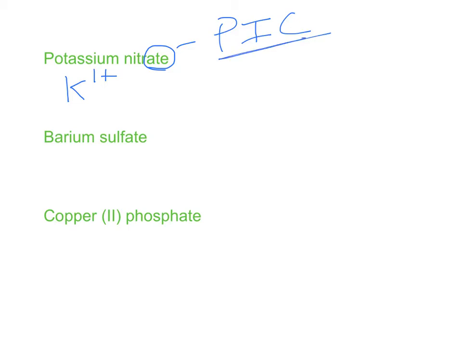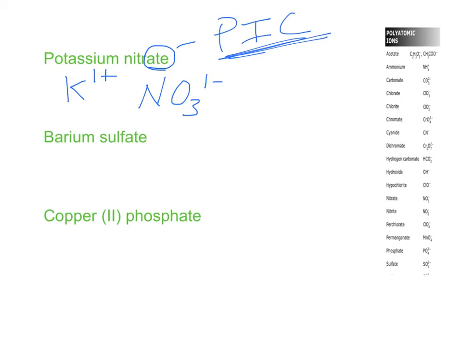We look for nitrate, and it's NO3, 1-. Nitrate ends in ATE. The next thing I need to do, and you all remember this, is cross the charges down, and what I end up with is KNO3. That would be my formula.